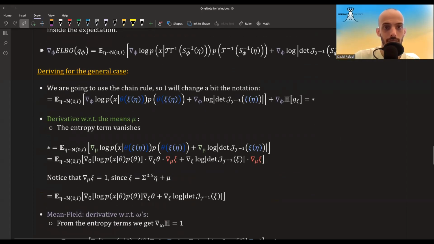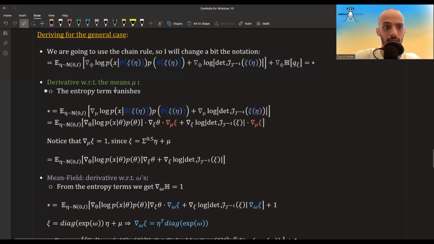Because we are going to use the chain rule, I'm going to switch this notation. So this is xi. I'm going to write it as xi as a function of eta, and this is theta. So I'm going to write it as theta as a function of xi as a function of eta. So this is to help us when we're doing the chain rule now. If we take the derivative with regards to the mean, we saw that in the entropy, everything vanishes because the entropy doesn't depend on the means.